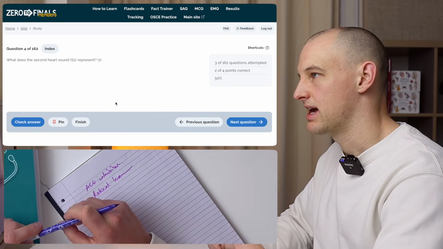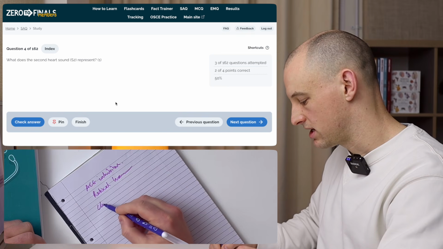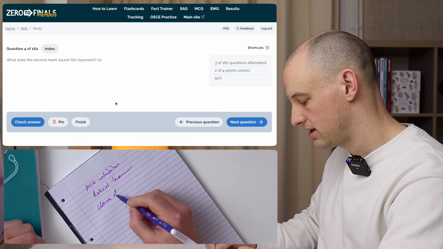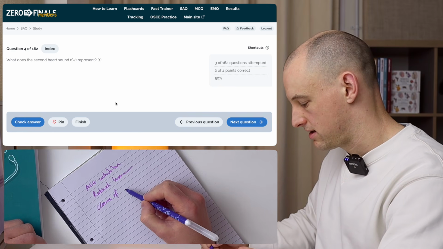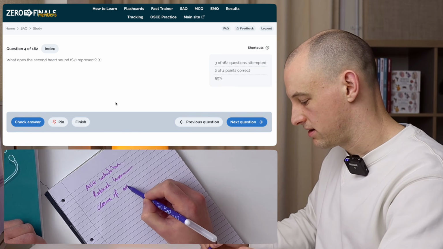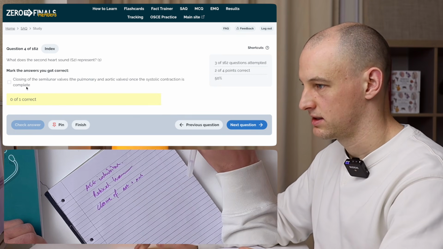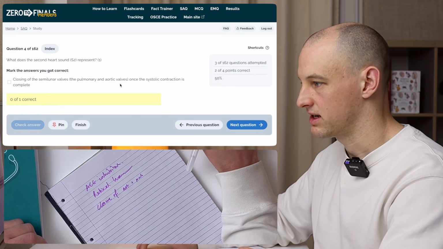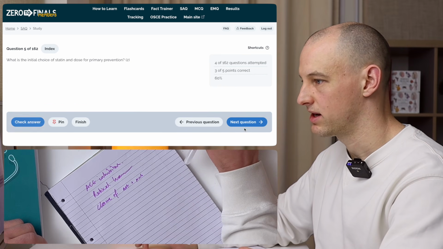So I'm going to say second heart sound is closure of the aorta and pulmonary valves. Closure of the pulmonary and aortic valves, once systolic contraction is complete. Give myself that one.